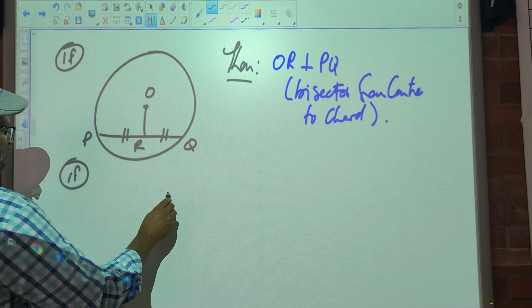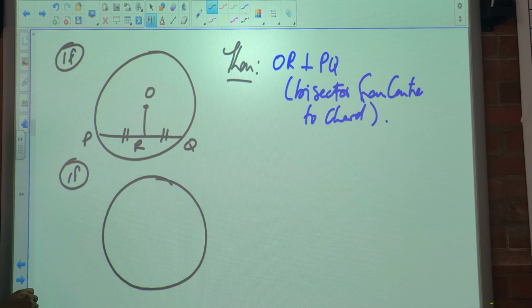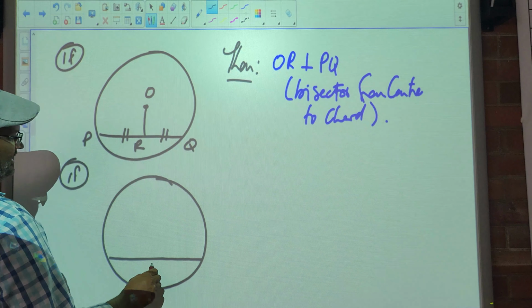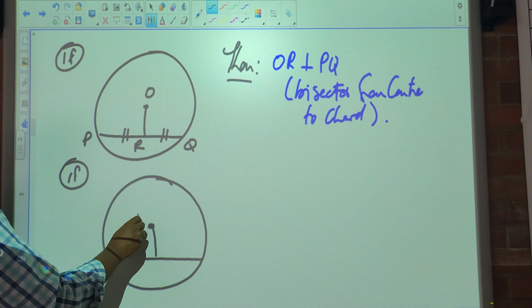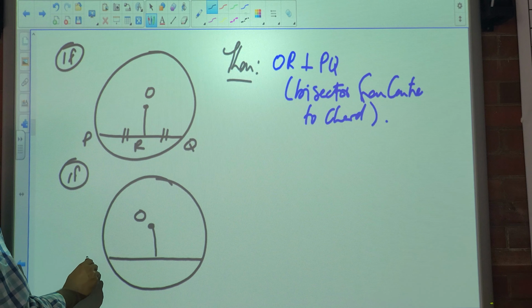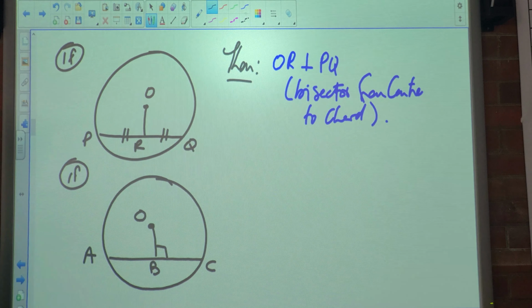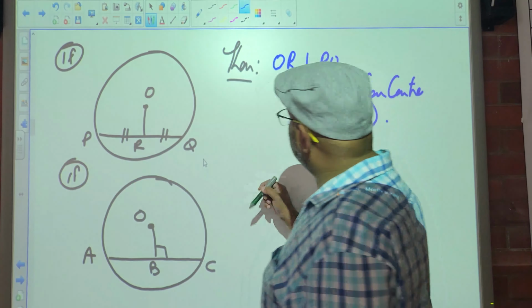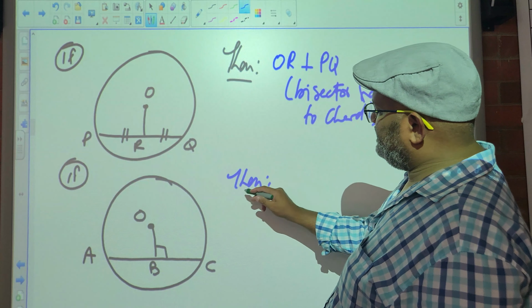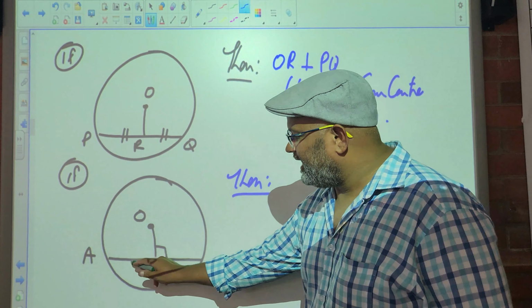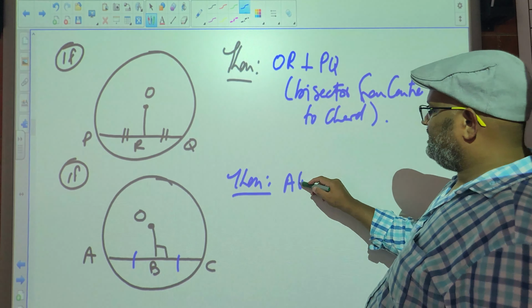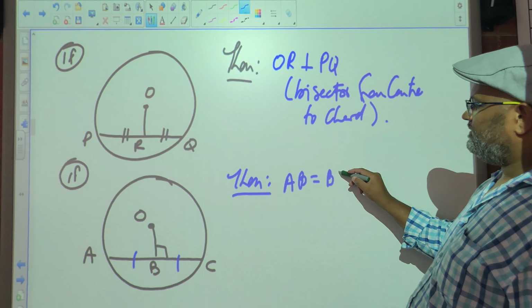Then the second one is if you have a line O, A, B, C, and this is now perpendicular. Then what can you conclude? Then AB is equal to BC.